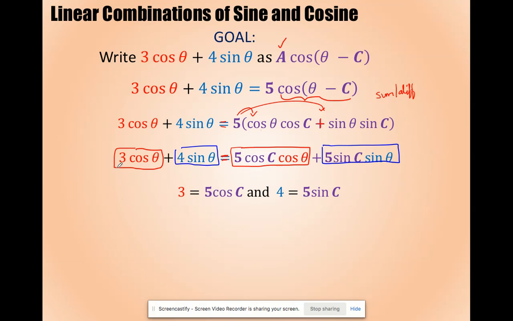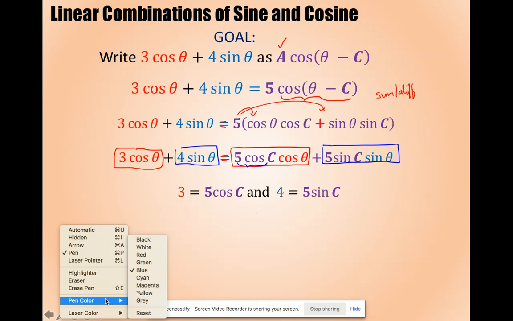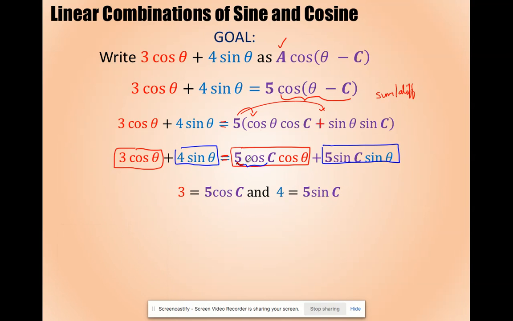So 3 must be equal to 5 cosine C. Do you see that? 3 cosine theta is equal to 5 cosine C cosine theta. So it must be true that 3 and 5 cosine C are the same.